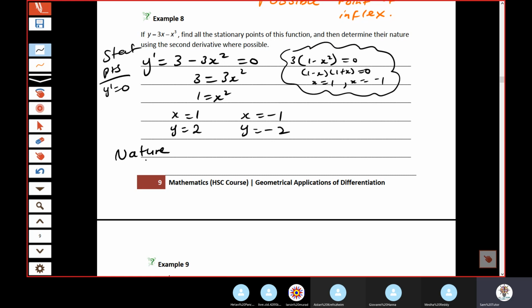Nature. We are not doing the y dash table. We're doing it through y double dash this time, which is actually really nice. Because y double dash is what? Negative 6x. Y double dash equals negative 6x. Then we just do the same thing we did before, which is at 1 and 2, and at negative 1, negative 2.